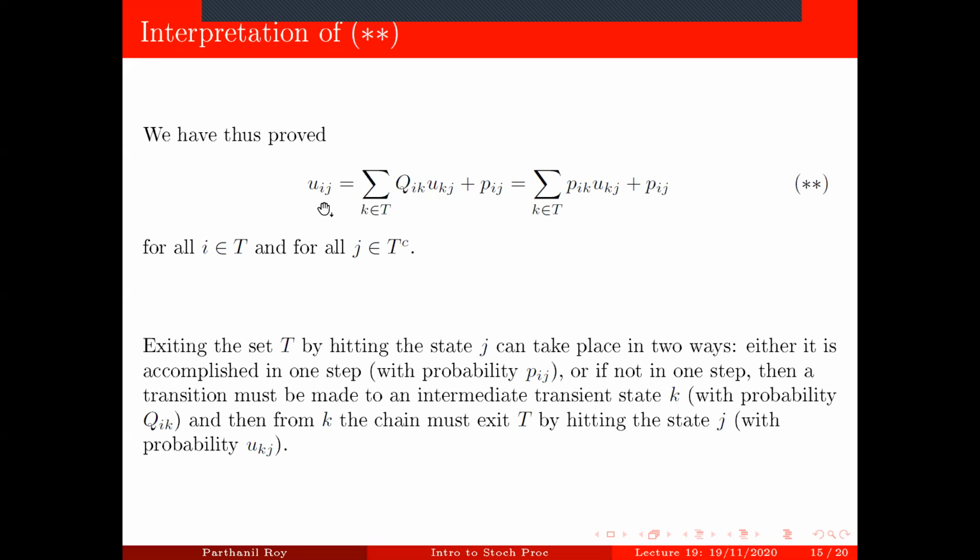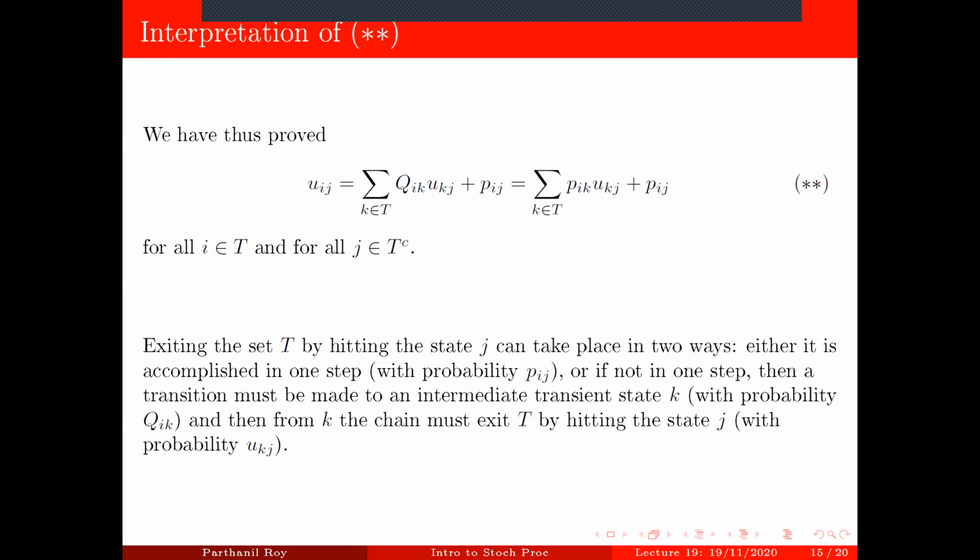So therefore, exiting the set T by hitting the state j can happen in two ways. Either you do it in the first step itself, which happens with probability P_ij, or you don't do it in one step, in which case the first step would be to a transient state. You first go to another transient state. That happens with probability P_ik.